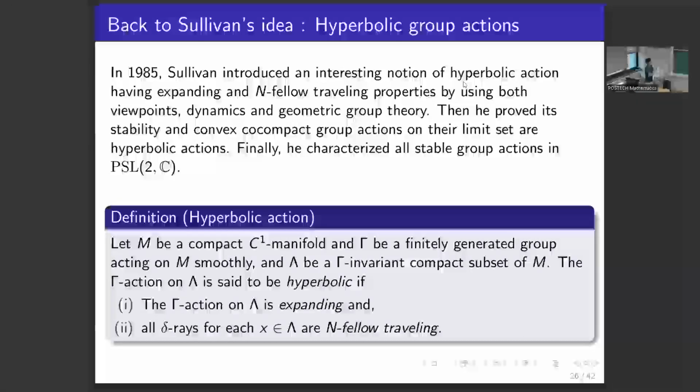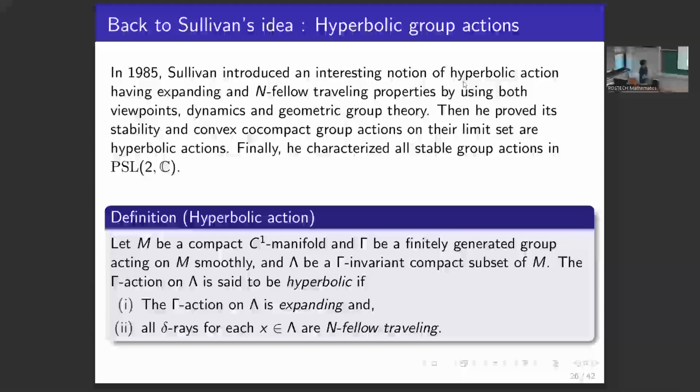By using the viewpoint of dynamics and geometric group theory, he can prove that the convex co-compact group action is stable in the diffeomorphism group of S2.